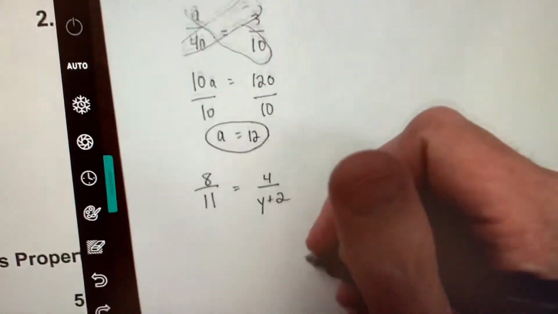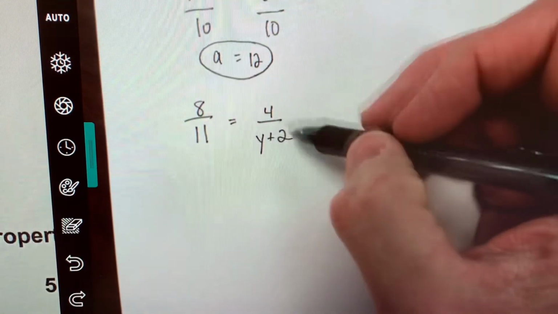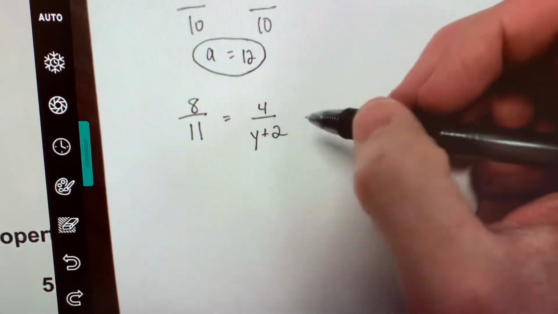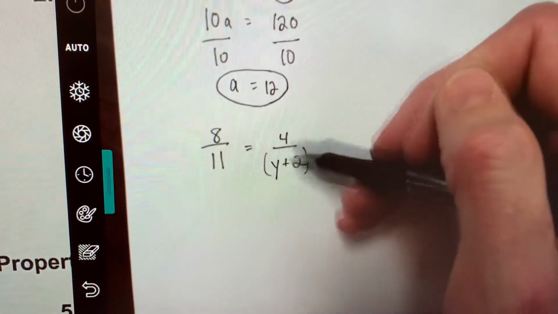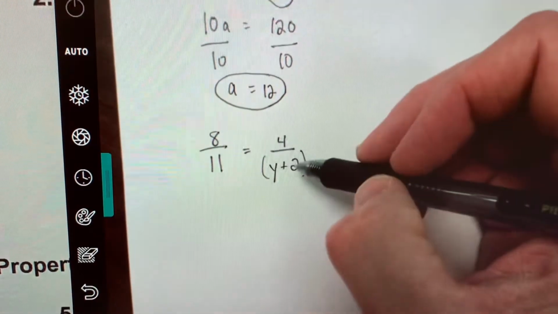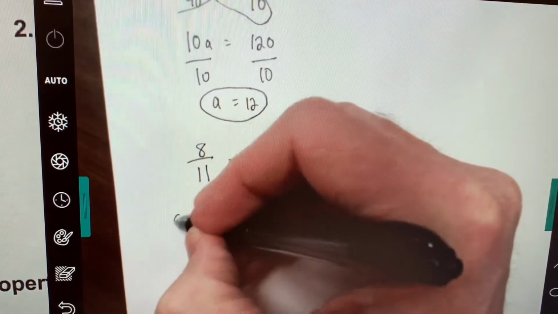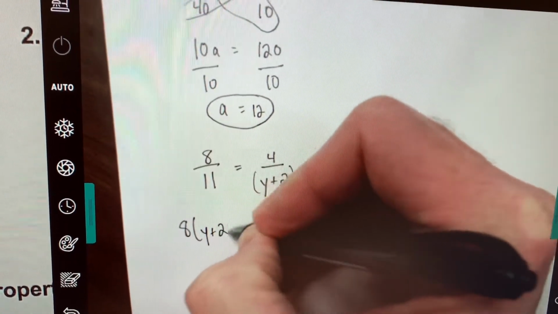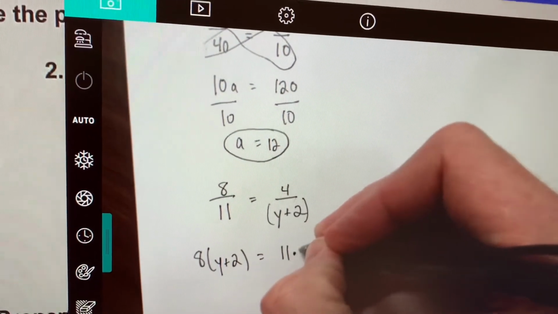The other one I want to look at has two things in the bottom, something added or subtracted, that we like to call a quantity. Remember, you can't simplify these, so I just do the same thing and cross multiply. I'm going to do 8 times y plus 2, and then 11 times 4.